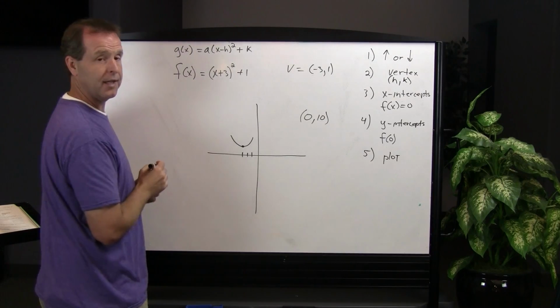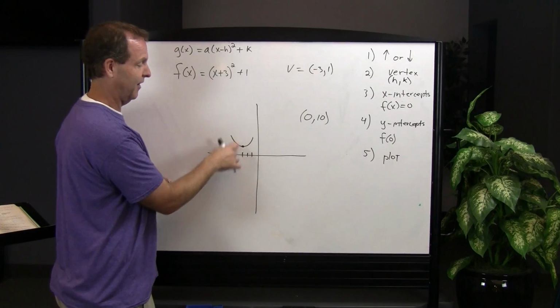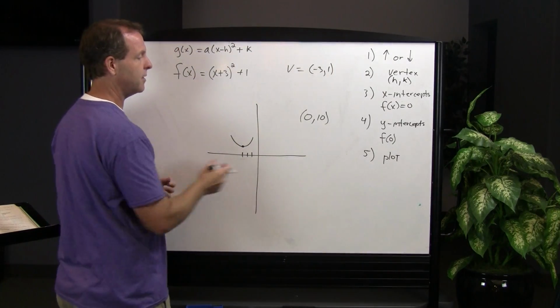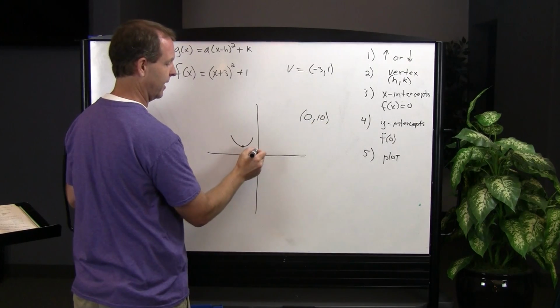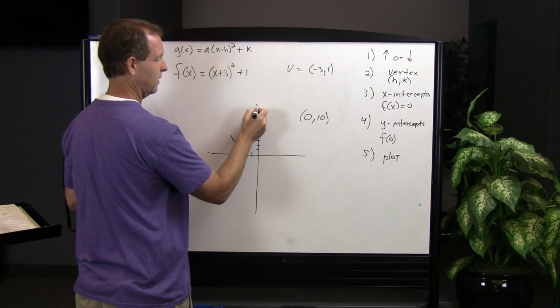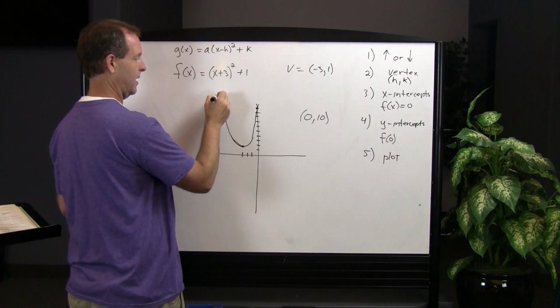There are no x-intercepts. Well, it makes sense. If the vertex is above the x-axis and the graph opens upwards, well, yeah, there won't be any x-intercepts. And then it crosses the y-axis at (0, 10). And it's symmetrical on both sides.